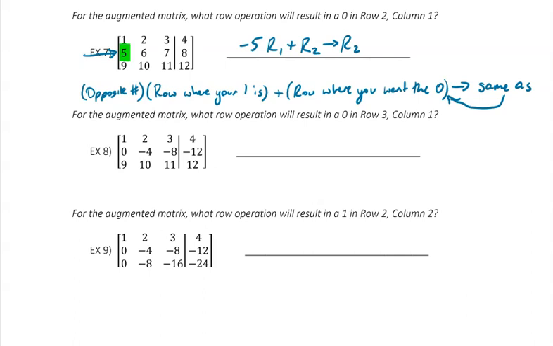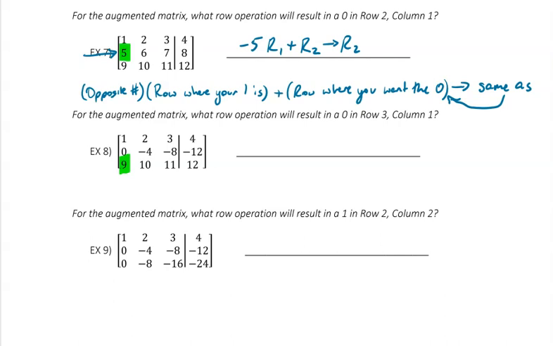So what row operation will result in a 0 in row 3, column 1? So if we want a 0 in row 3, column 1, that means we're looking at that 9 right there.